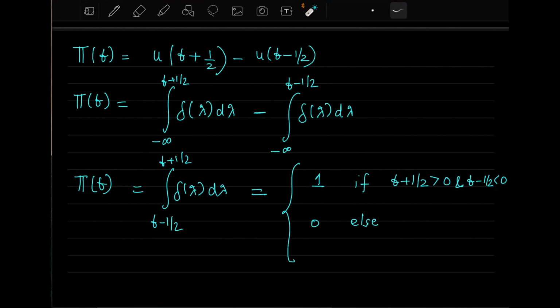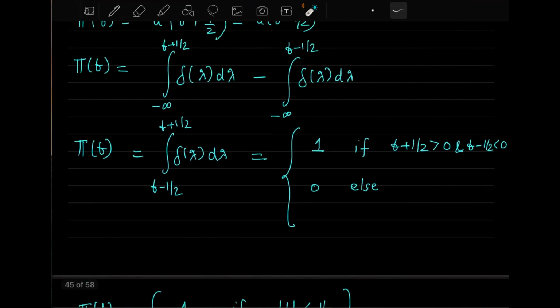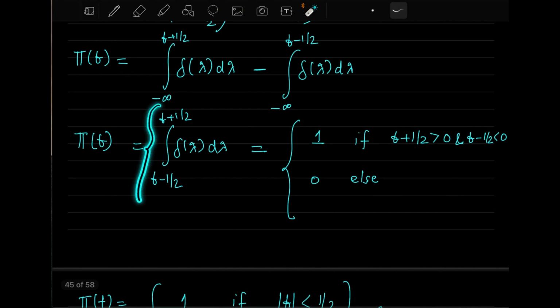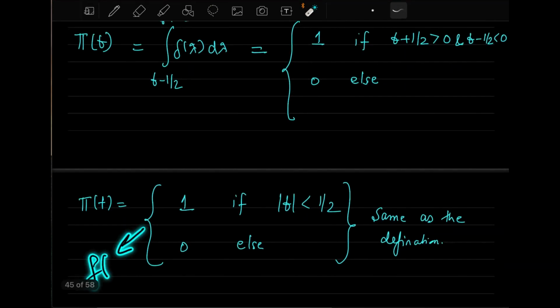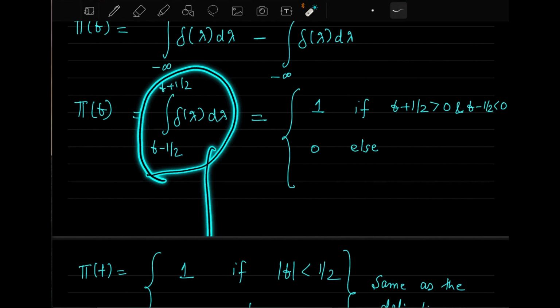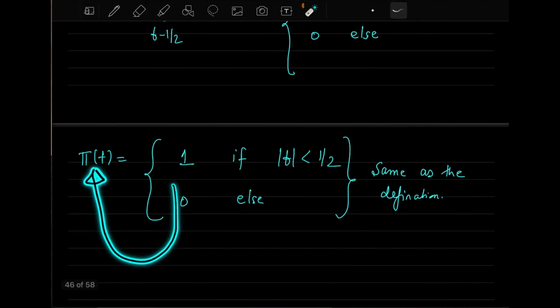So if you observe this definition carefully, you can visualize that you can write this particular thing as mod of t less than half, and then 1 and 0. Now you can observe that if you do integration of the delta impulse within this range, you get some function fx which we do not know what it is, but we observe that this function, which is actually the integral of this, resembles the pi t.